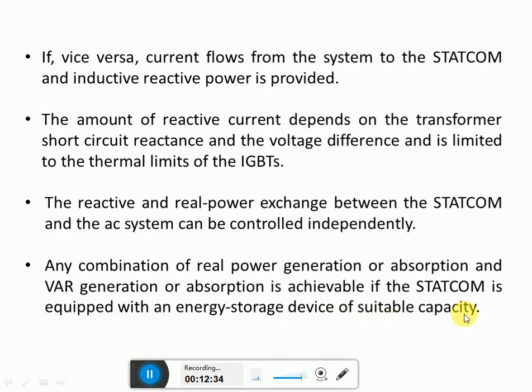Then any combination is possible: it can generate real power, absorb reactive power, generate both real and reactive power, absorb both real and reactive power, and absorb real power and generate reactive power. Any combination is possible with the help of this STATCOM device. Now we'll see that also in the next slide.